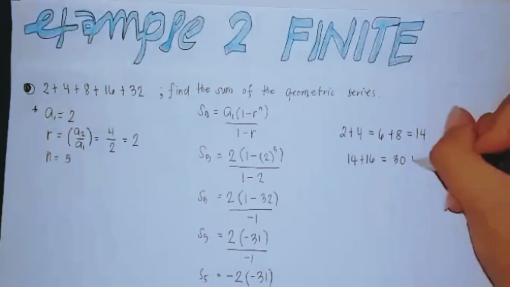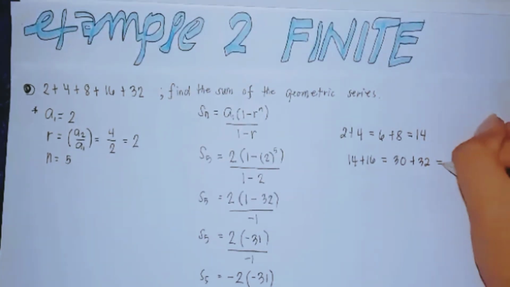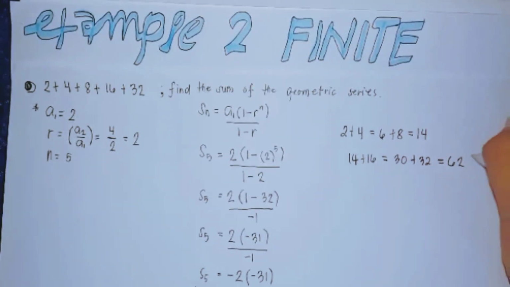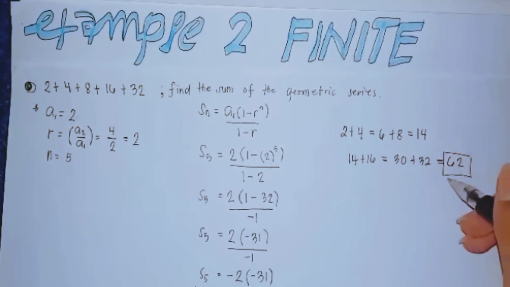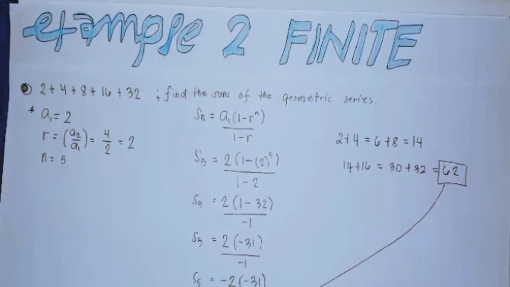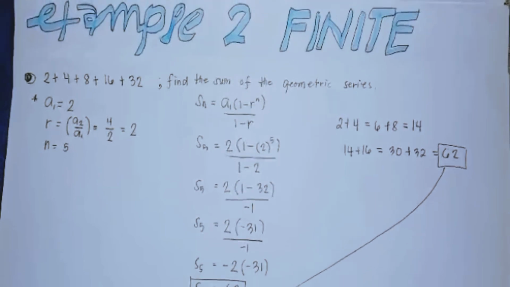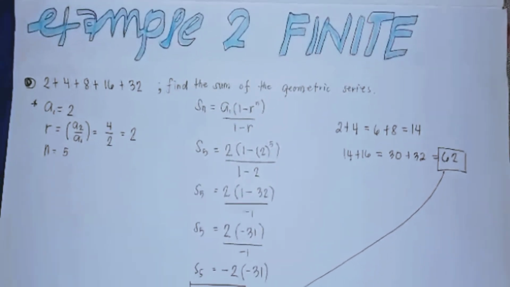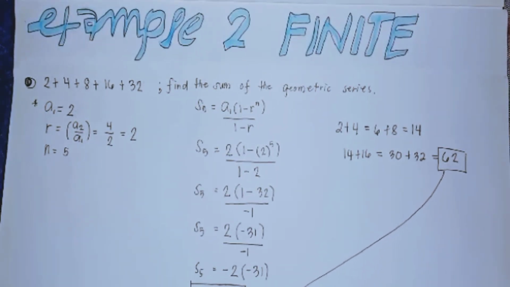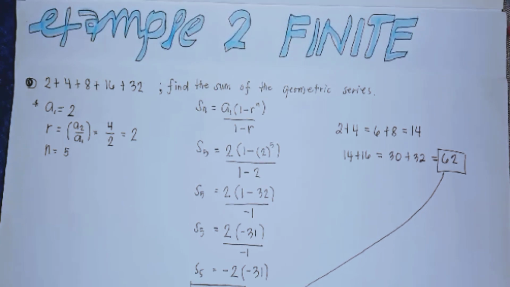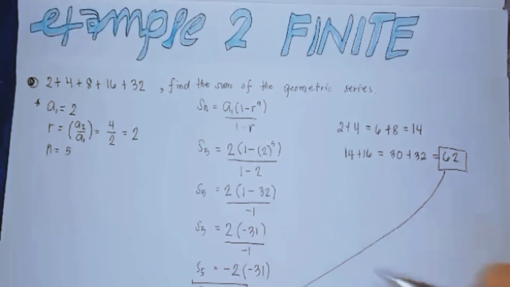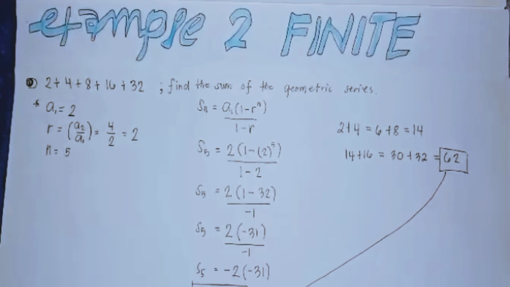And then 30 plus 32 is equal to 62. So our answer matches the formula. So this is how to get the sum of the finite geometric series.